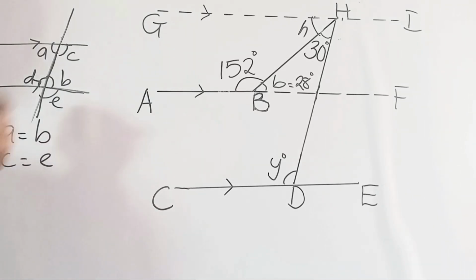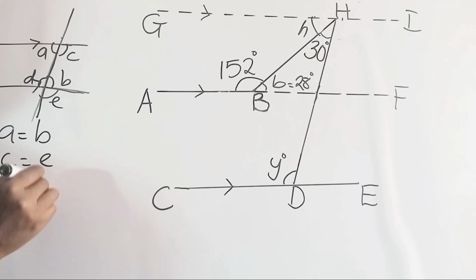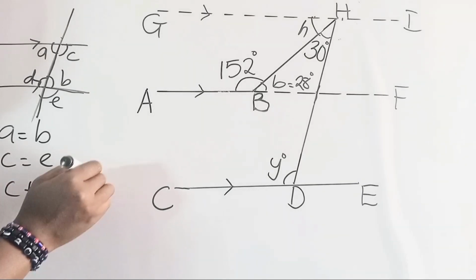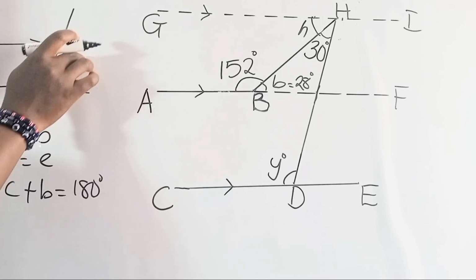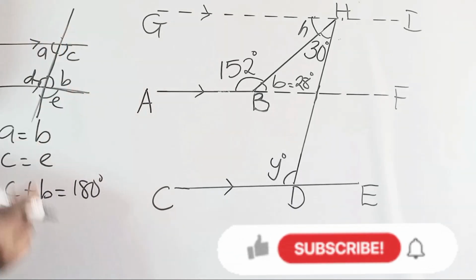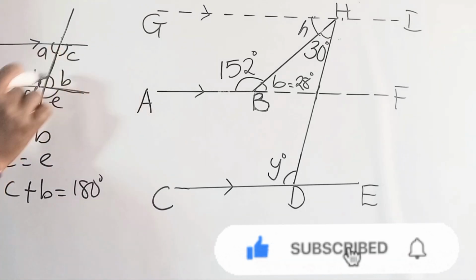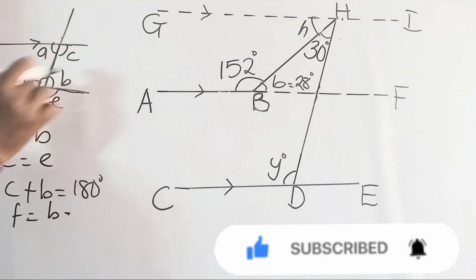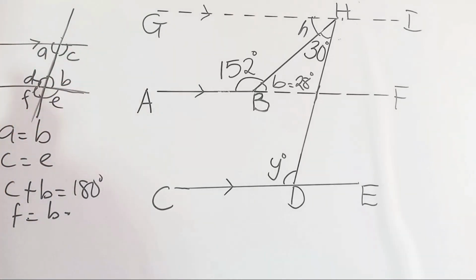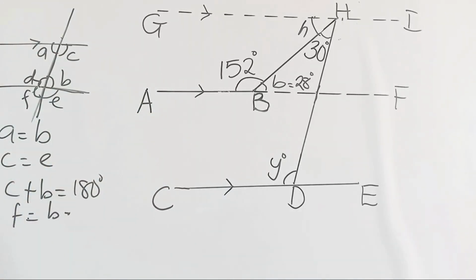We can also sum these two angles, C plus B equals 180, because the sum of two co-interior angles in parallel lines is 180. Also, this angle here, if we call it F, is equal to B. Why? Vertically opposite angles. So this relationship exists in angles formed on parallel lines.